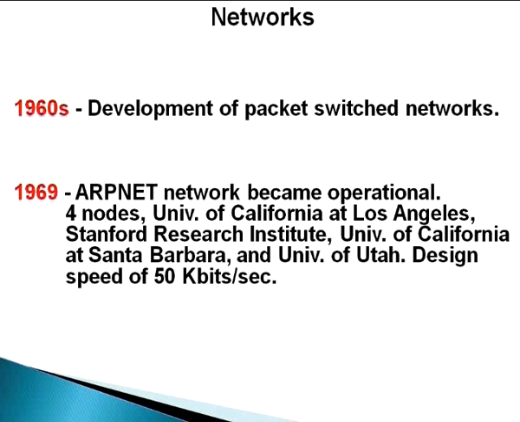Starting with how the networks developed, they developed as packet switched networks. In 1969, the ARPANET network became operational with 4 nodes: University of California at Los Angeles, Stanford Research Institute, University of California at Santa Barbara and University of Utah, at a speed of 50 kilobits per second.